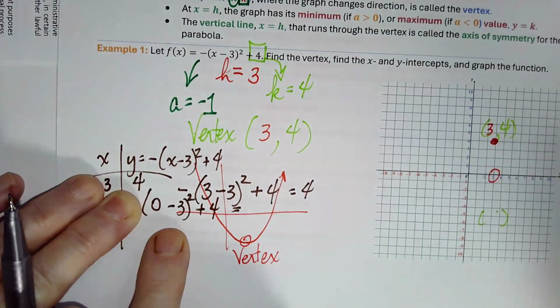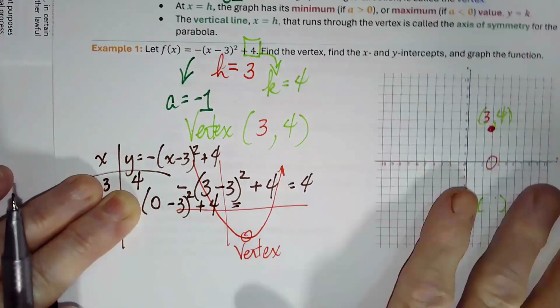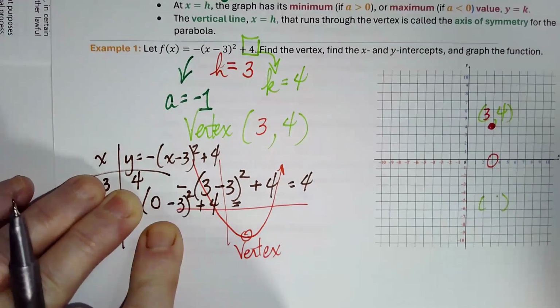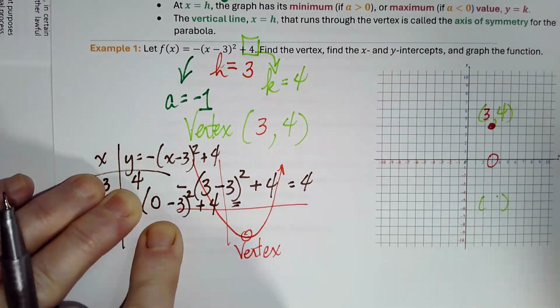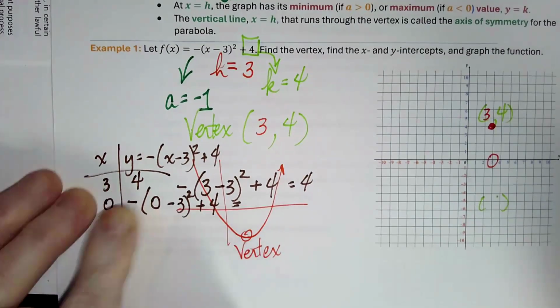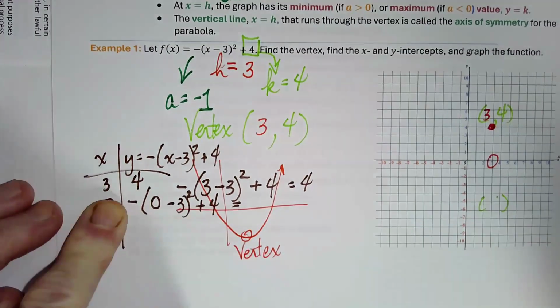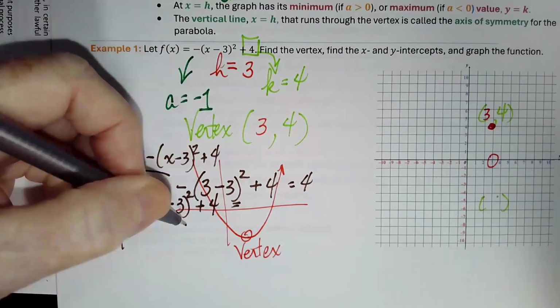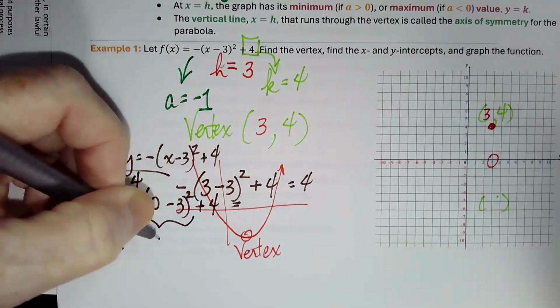And what is negative 3 times negative 3? Positive 9. And then we've got the negative, so that's how we end up with negative 9 plus 4.